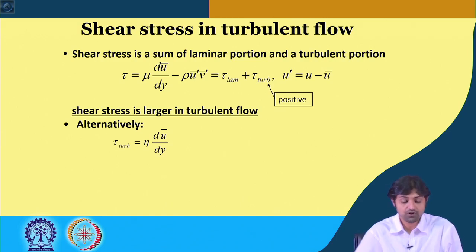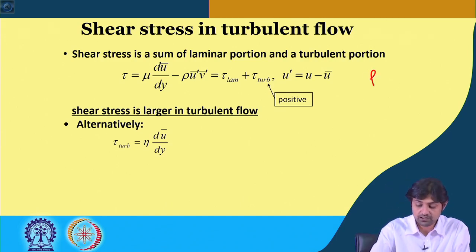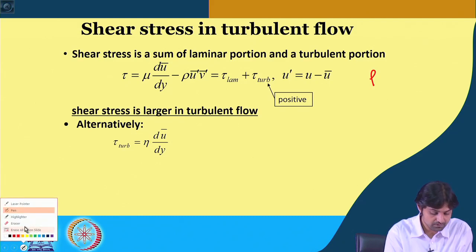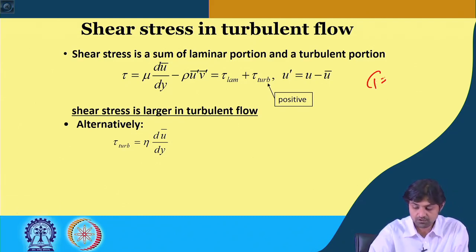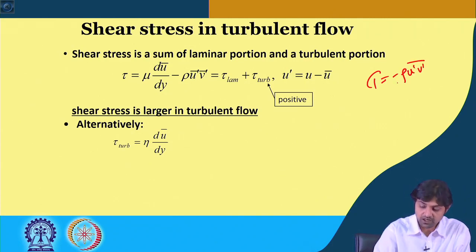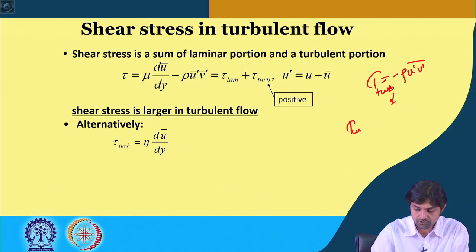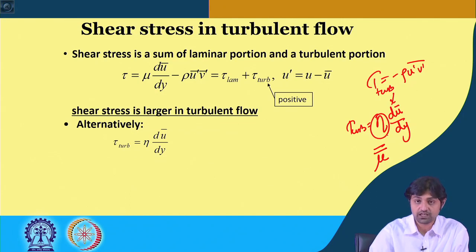Alternatively, instead of writing tau is equal to minus rho u' v' whole bar, we can also write tau turbulence as another viscosity into du/dy, and this eta is not equal to mu but much higher.